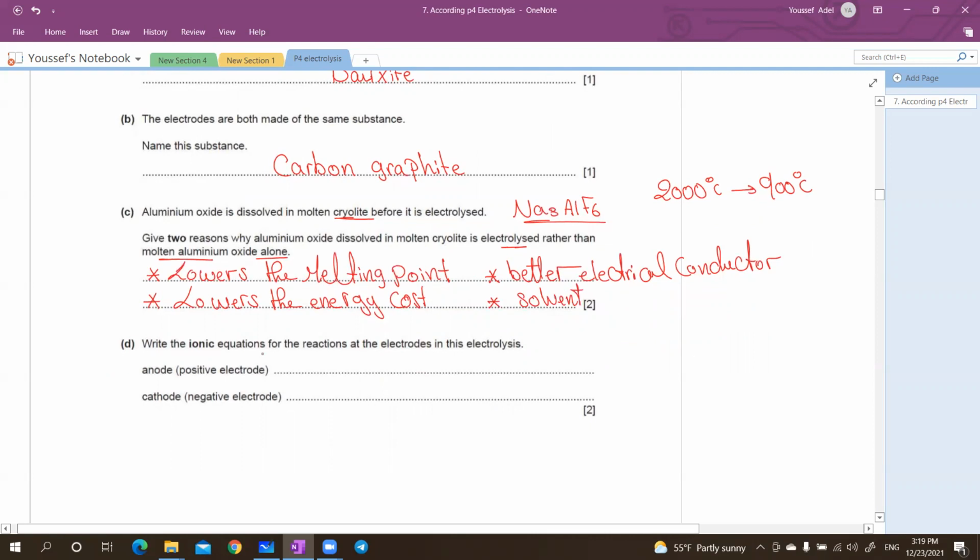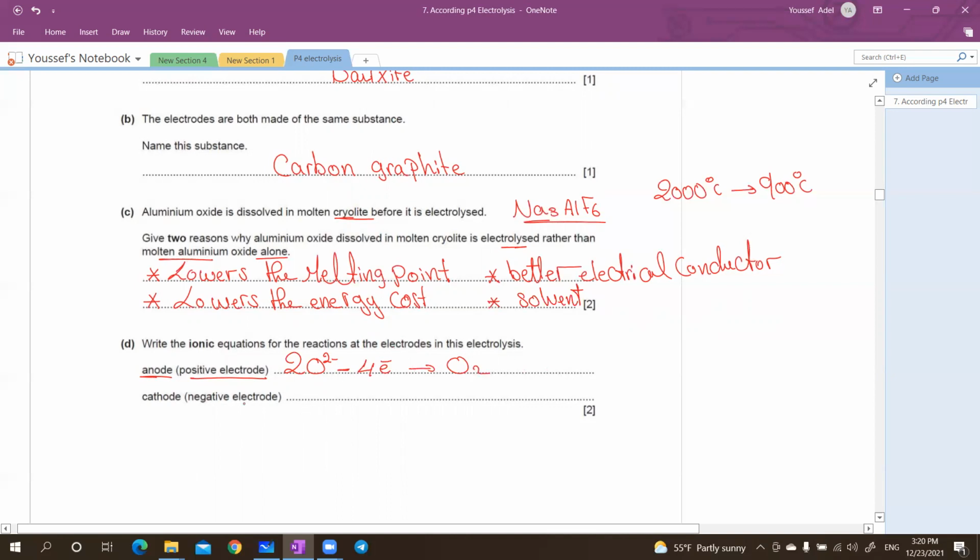What are the ionic equations for the reactions at the electrodes in this electrolysis? Actually, the anode is the positive electrode, so the oxide ions in the aluminum oxide will be attracted to the positive electrode because unlike charges attract, and they will be discharged by losing 4 electrons to change to an oxygen molecule.